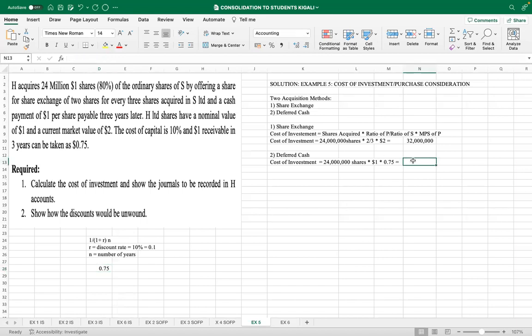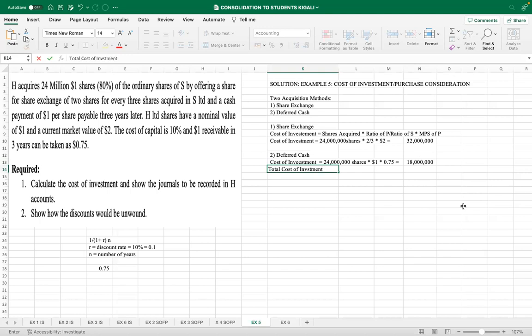So let's calculate the amount. The amount is 24 million times 1 times 0.75. So that gives you 18 million. So when we get that 18 million, what is the total cost of investment?